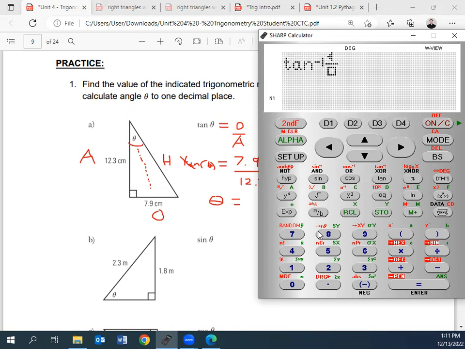Then you put that fraction in there, 7.9 over 12.3, so you have tangent to the power of -1 and then your fraction. You press enter, what do you get? So you press second function and then tangent, and then you press that little fraction button, the A b/c. Okay.